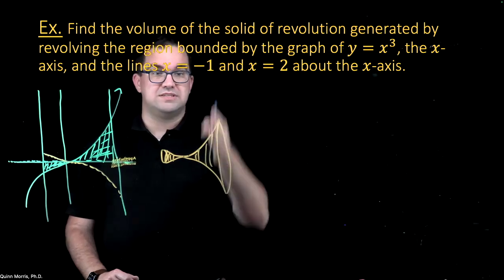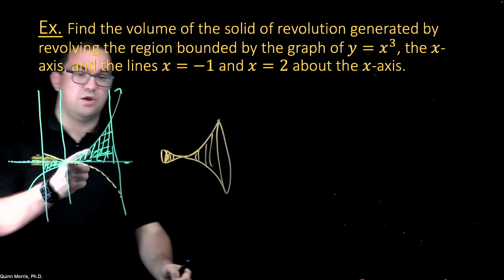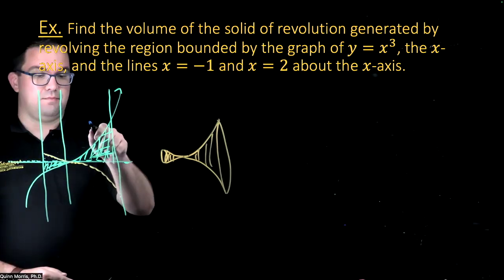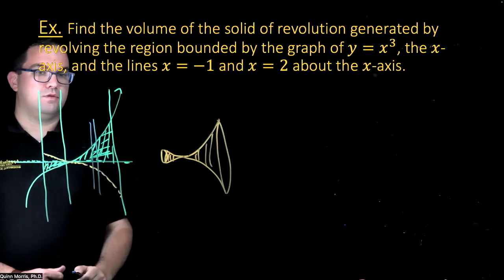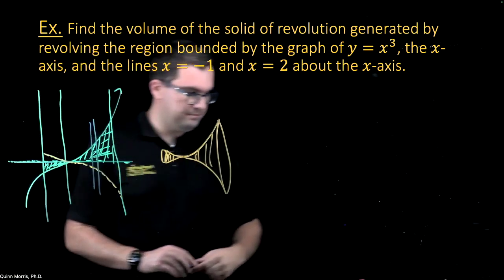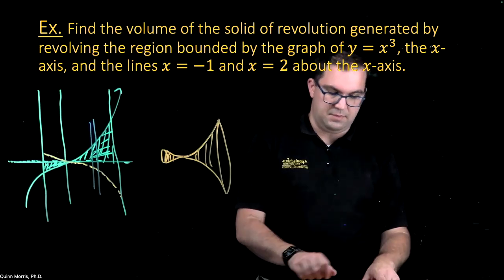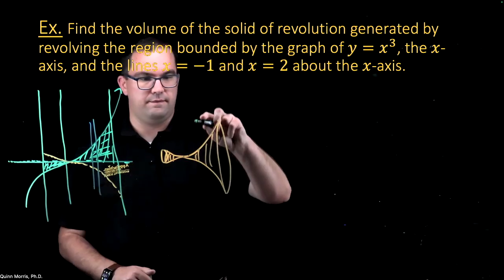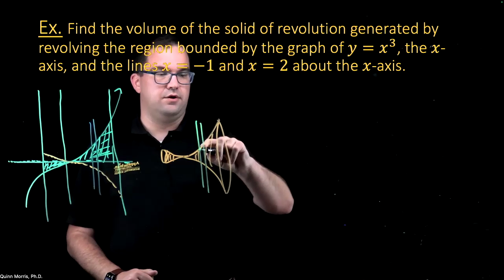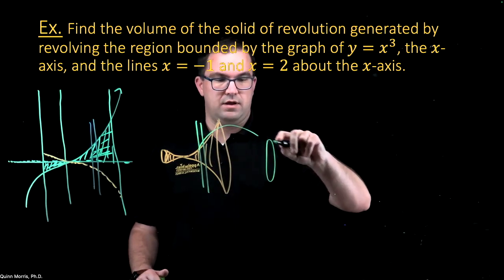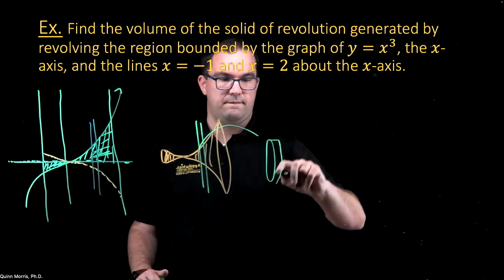But if I make my cross sections vertically, so notice that's perpendicular to the axis I'm rotating about, then when I come over here and imagine cutting here, my cross section is going to look like a disc of some sort.